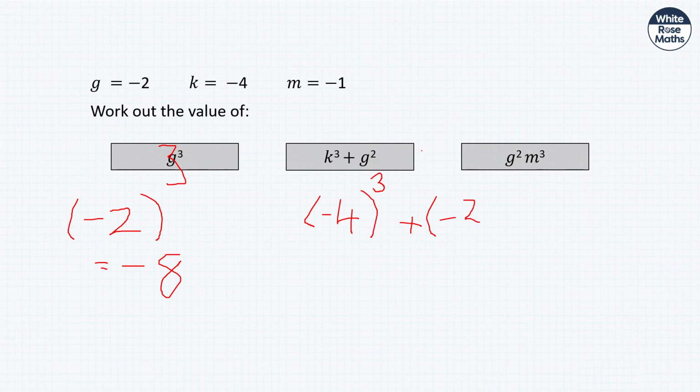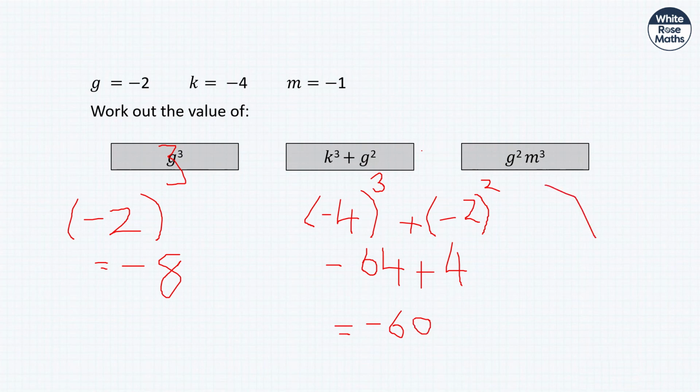Okay, again, it's good practice to be happy with squaring and cubing numbers. So negative 64 there, and then plus 4 is minus 60.